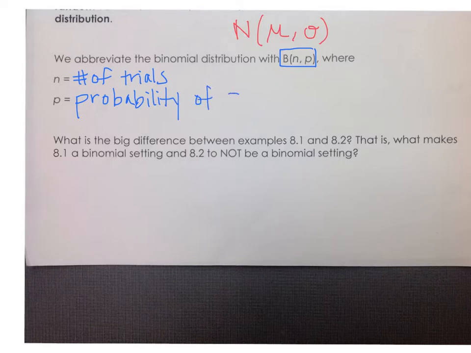If you haven't had a moment to do so, please read examples 8.1 and 8.2 in your textbook. They should be on page 514. And we want to know the big difference between them. So what makes 8.1 a binomial setting, but 8.2 not a binomial setting?